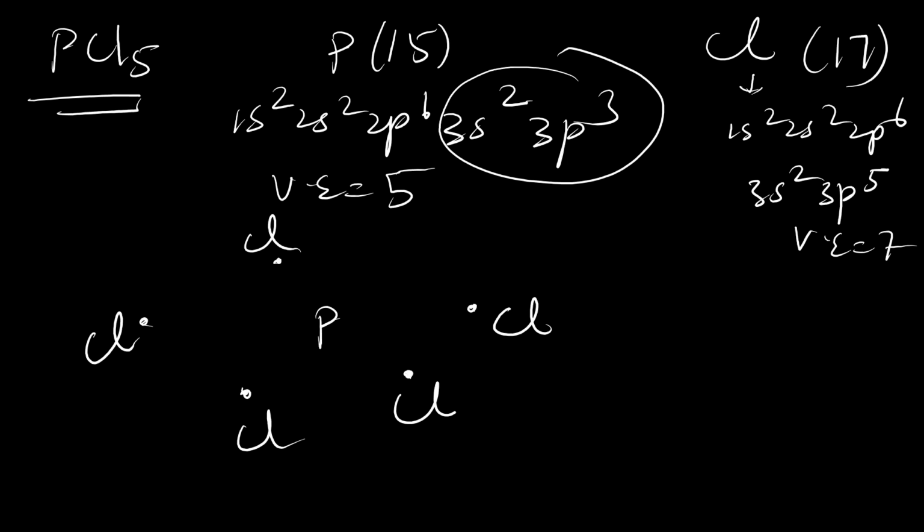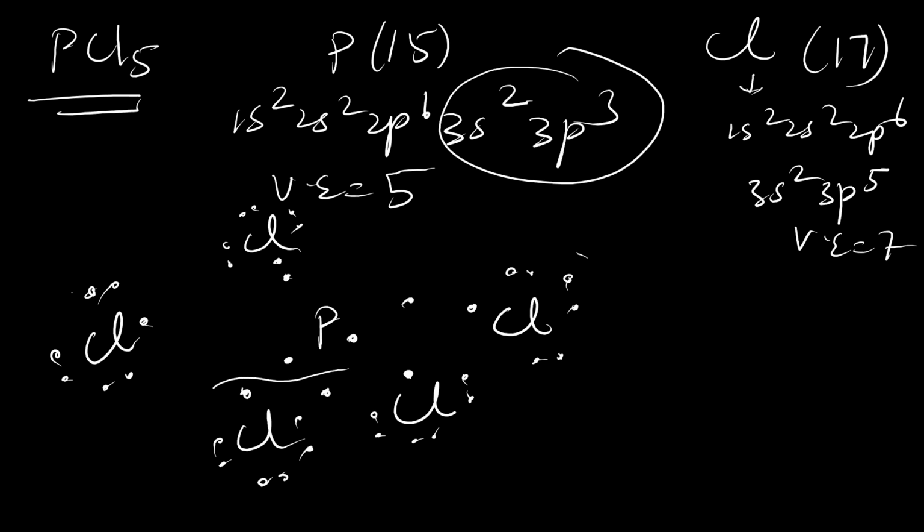So we write this way, and the other electrons will be written this way. So this phosphorus has 5 electrons.